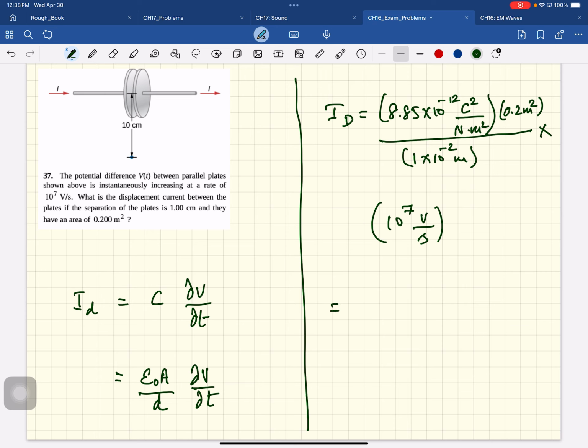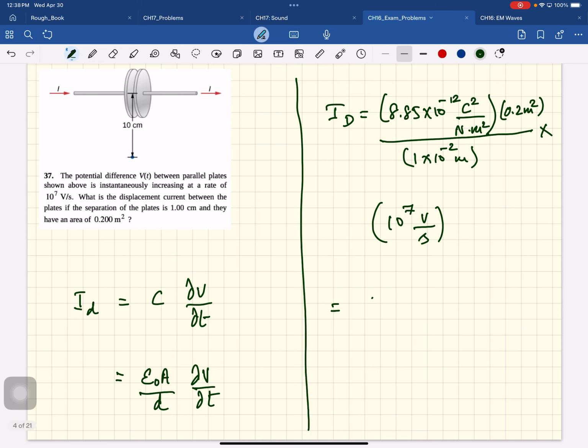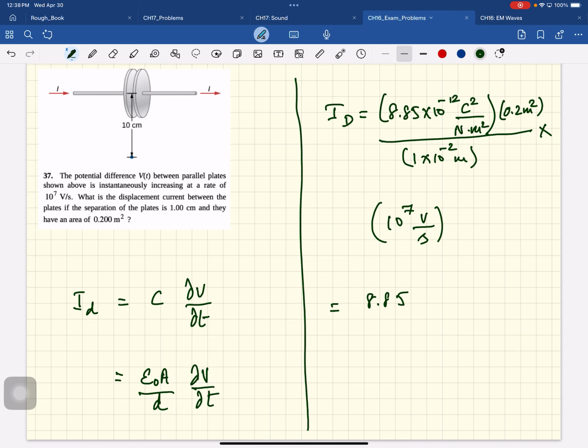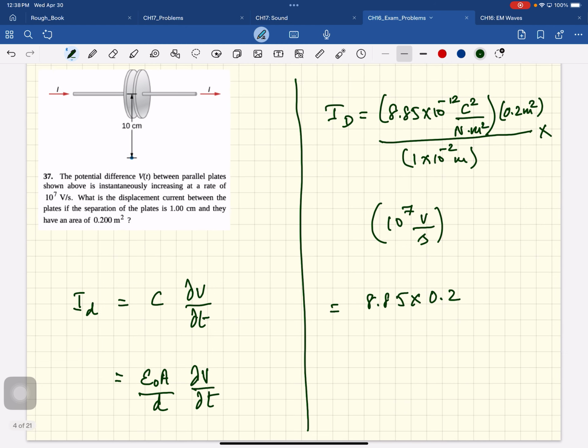Okay, so the displacement current is, let's do this. So that's 10 to the minus 10 times, that's 10 to the minus 3. So it's 8.85 times 0.2 times 10 to the minus 3 amperes. Those units will work out into amperes because current is in amperes.